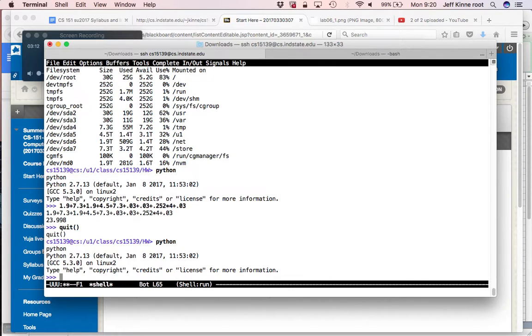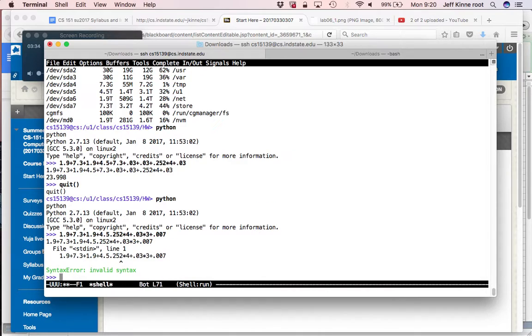Let's add this up again. 1.9 plus 7.3 plus 1.9 plus 4.5, that says G, not T. We have 0.252 times 4 plus 0.03 times 3 plus 0.007.